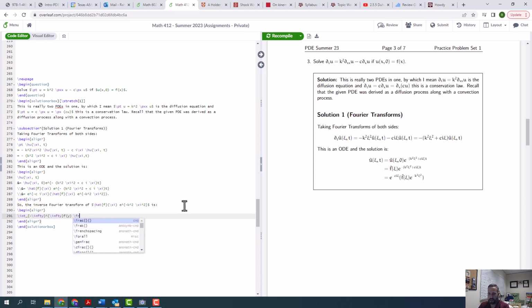So this is going to be 1 over the square root of 4 pi k squared t, to the power of minus x minus y squared over 4 k squared t, dy. And actually, since we normally do it, I'm going to put this on the outside of the integral.